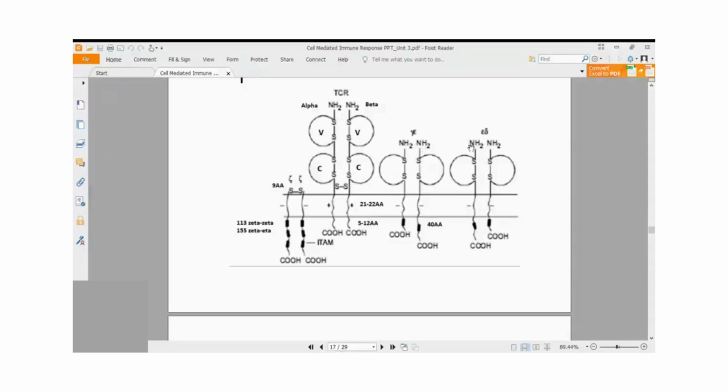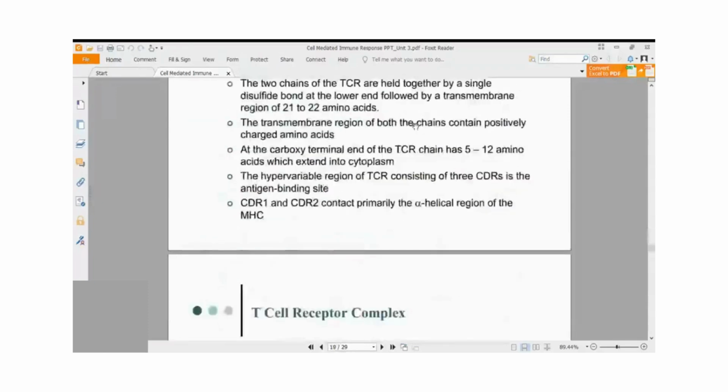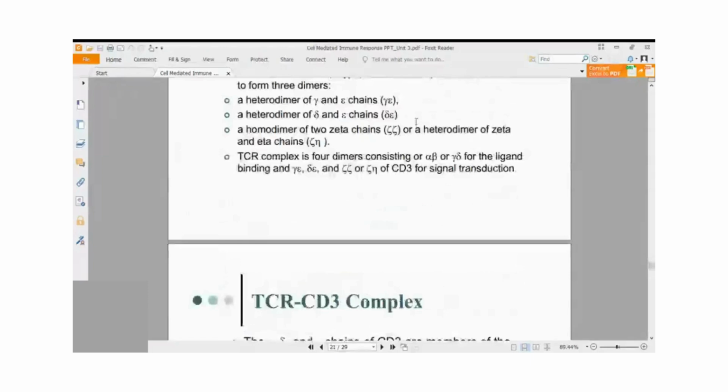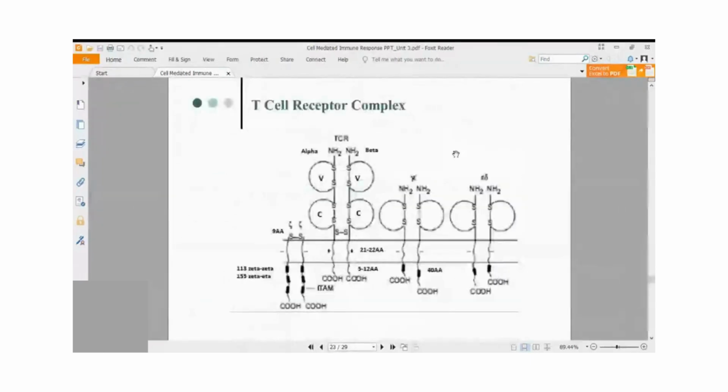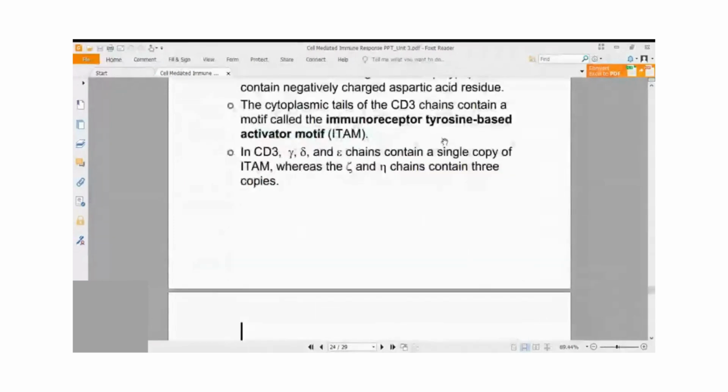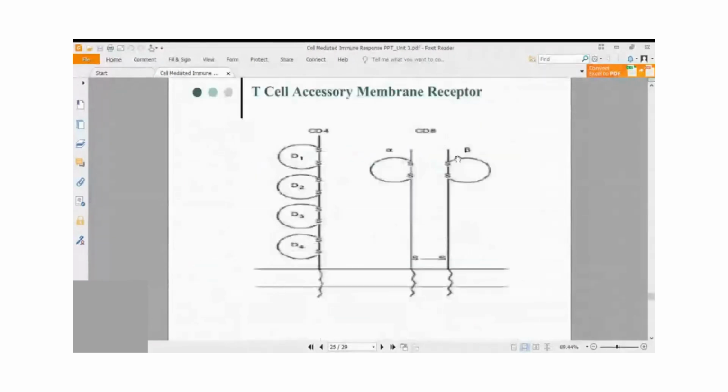Okay, so we will see the other receptors of T cells. In addition to the TCR and CD3 complex, which other receptors are very essential for T cell activation? We had come across the receptors called CD4 and CD8.